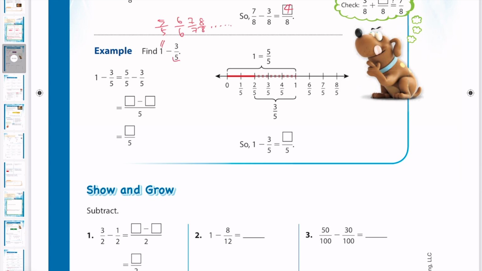And here, since we have 5 as a denominator, I'm going to change this one whole to 5 over 5, okay? Take away 3 over 5. That means what? 5 take away 3 over 5, which means 2 over 5. You need to understand this one whole represents 5 over 5, okay?